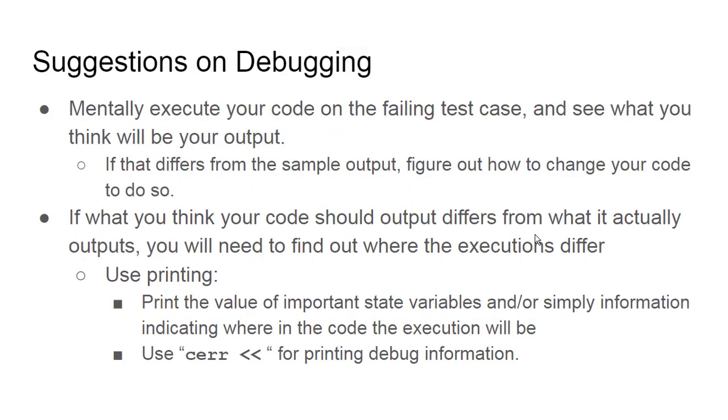Debugging is an integral part of programming. It's rare for a non-trivial program to work the first time you try. The first phase is you write the code, and there may be syntactic errors.